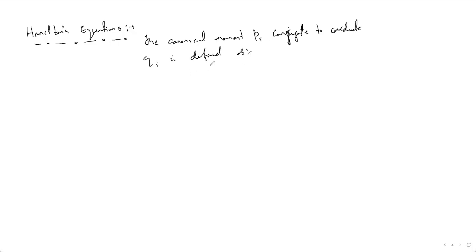Simply pi will be equal to partial L by partial q dot i, right? I am asking you many things because I know you have done these things. So the canonical momentum pi, which is conjugate to a coordinate qi, is defined in terms of the Lagrangian as pi equals partial L by partial q dot i.